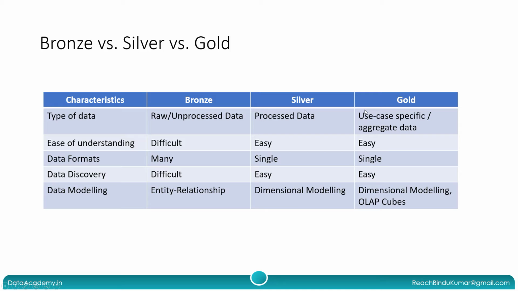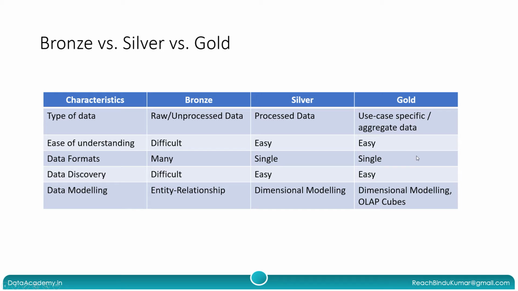In gold, you have the same processed data, but maybe it is modified into use case specific or aggregate data. So many times we create tables that are needed for improved performance. That would fall into the gold level, whereas your base entities and relations would fall under the silver level. Ease of understanding: difficult, easy, and easy.